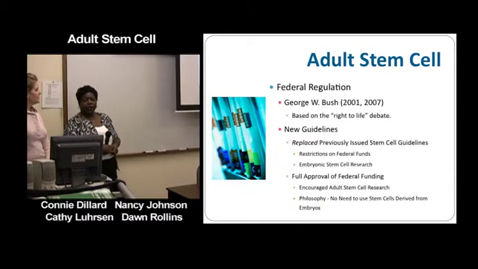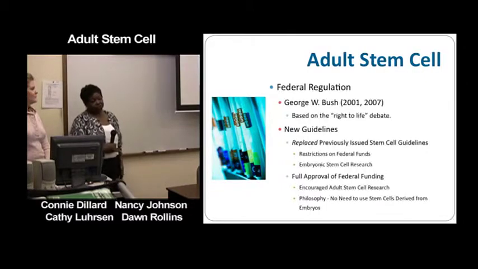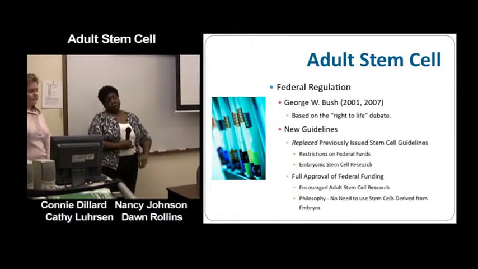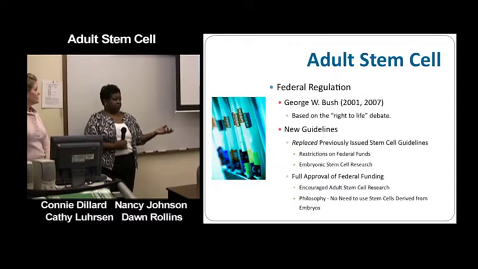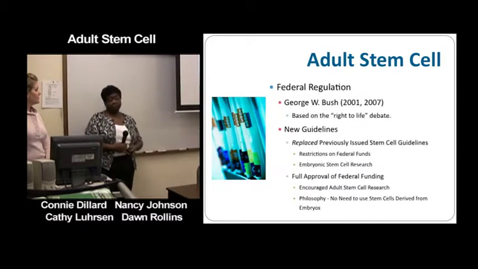He gave full approval for adult stem cells because that wasn't the issue of destroying an embryo to harvest the cells. His philosophy was that there's no need for embryonic or umbilical cord or all these other stem cell research when we have adult stem cell research. That would suffice.